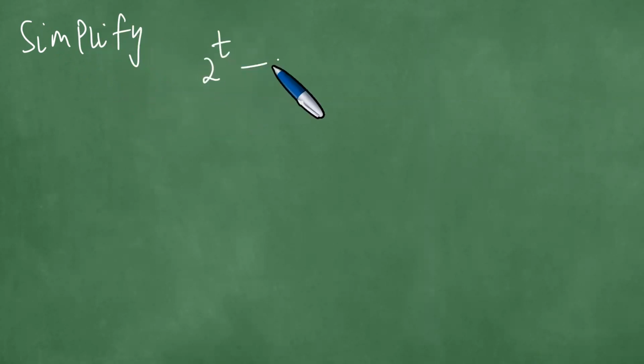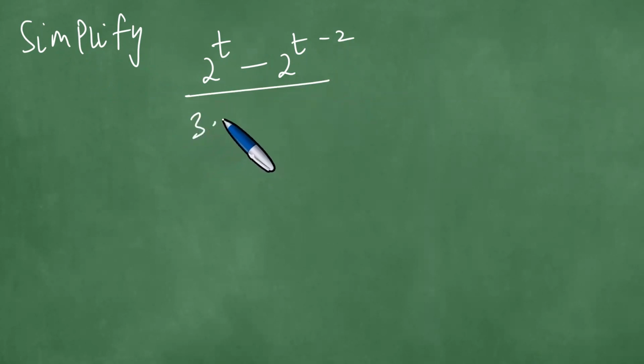2 to the power t minus 2, divided by 3 times 2 to the power t minus... Okay, solution.